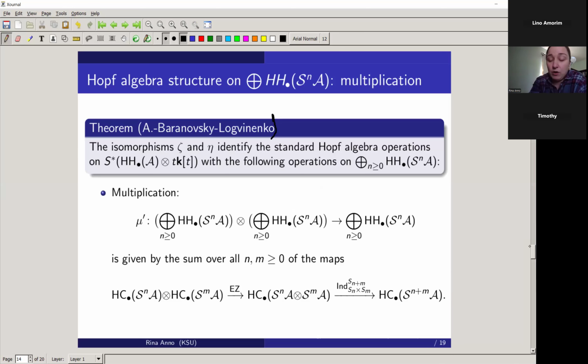We map that to a tensor product of n plus m copies of A. We are not saying that this is the Hopf algebra structure you get by first mapping this complex.